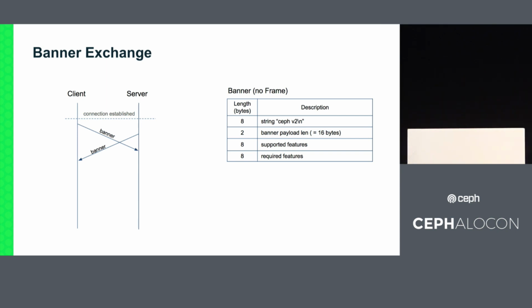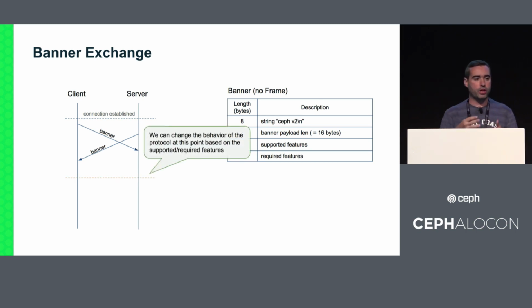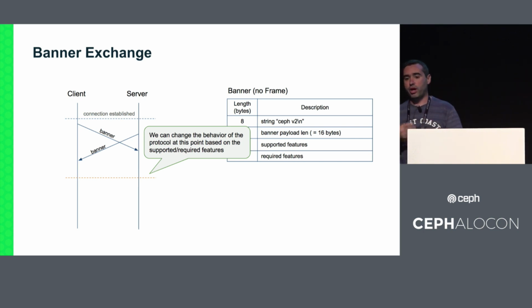And by using these bit masks is the way we can actually influence the behavior of the rest of the protocol. Depending on the values of these bit masks, we decide whether we are in a different version, or which features the other peer supports, and so on and so forth.